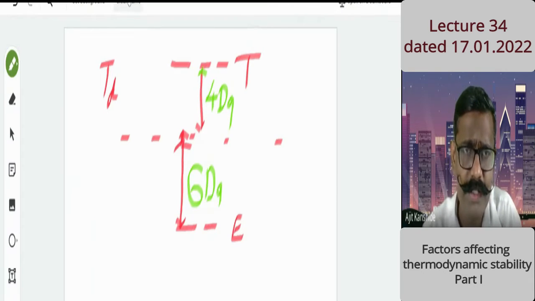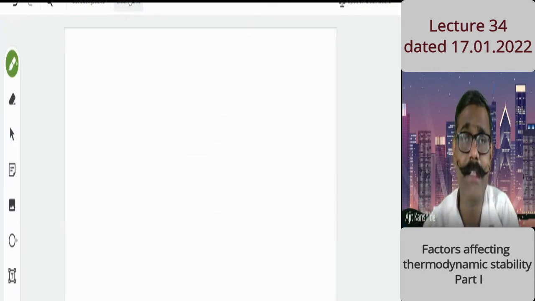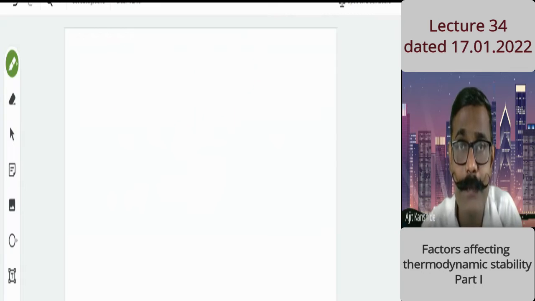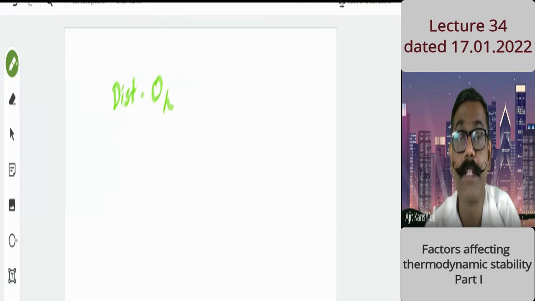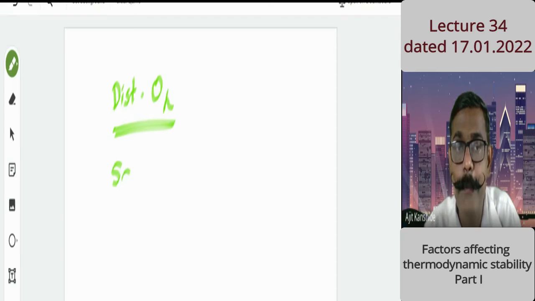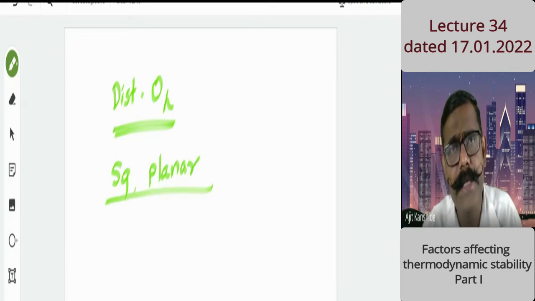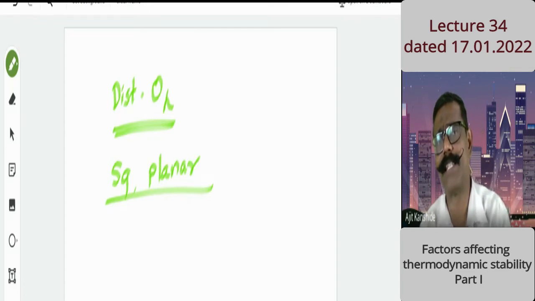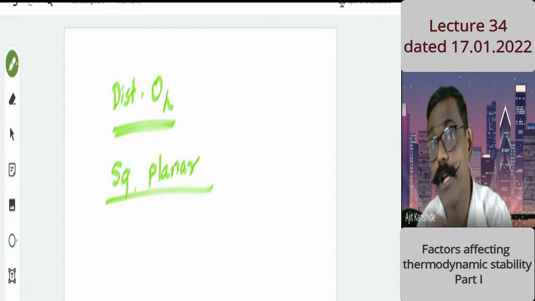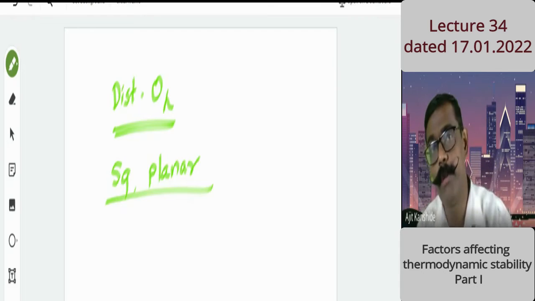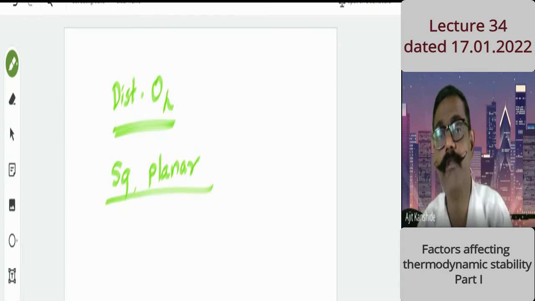We have already studied this, but I am again asking you to work out the splitting in distorted octahedral complexes and square planar complexes. We will discuss it next time if needed. Otherwise, I will go to the next point for revision, so that while covering unit number 2, the revision of unit number 1 will occur.